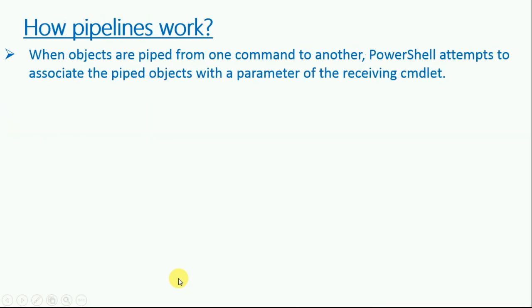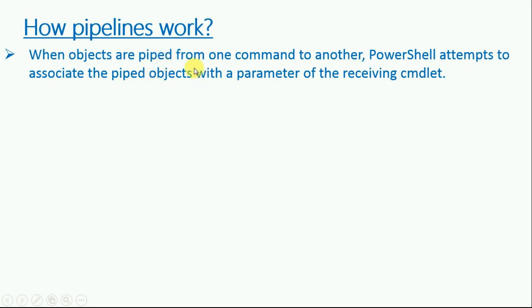Now we will see how pipelines work. When objects are piped from one command to another, PowerShell tries to associate the piped object with a parameter of the receiving cmdlet. So the receiving cmdlet will have some parameter, and that parameter will be associated with the object property.